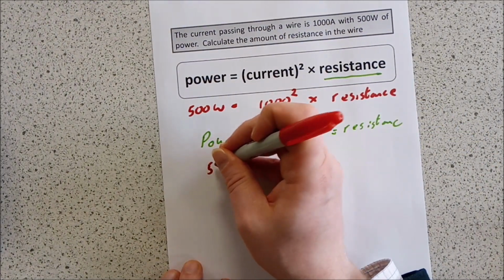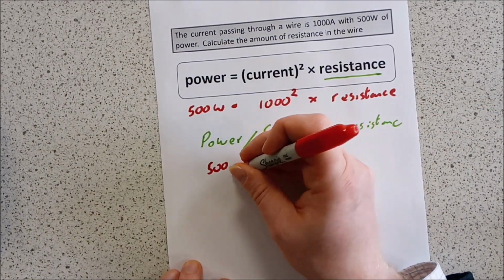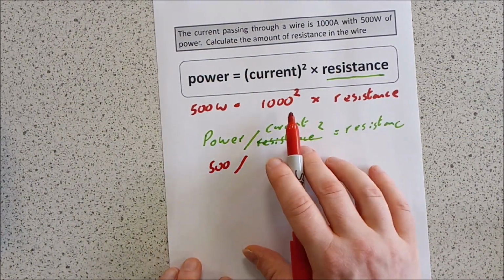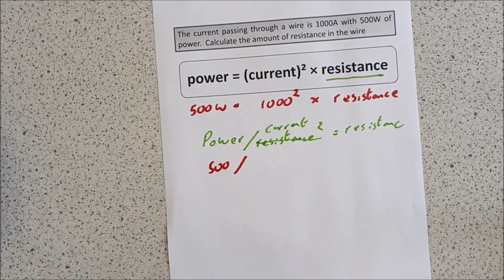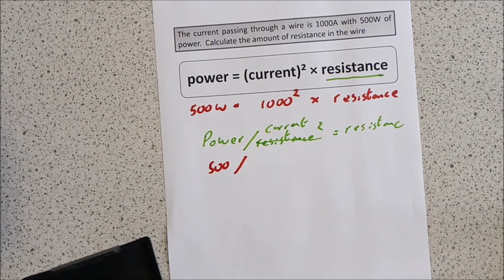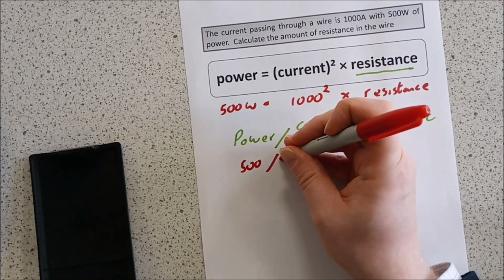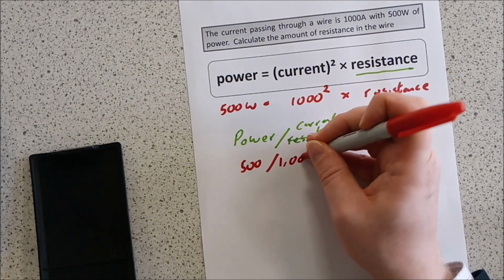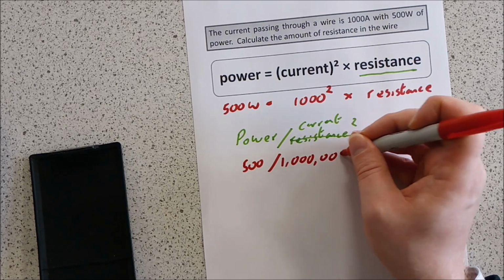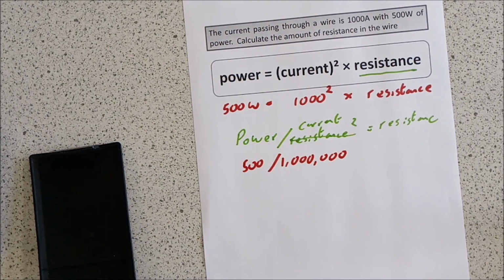So power is 500. We're dividing that by 1,000 squared. So 1,000 squared is quite a lot. So that's going to be 500 divided by a million amps.